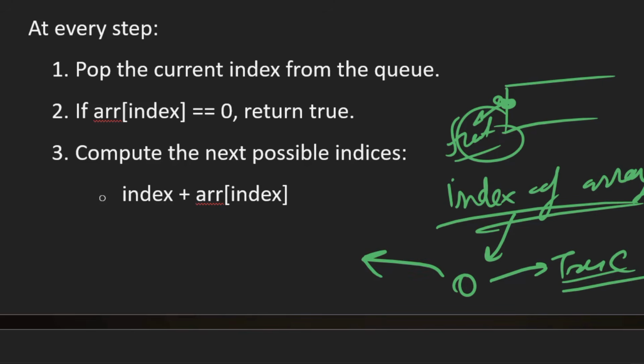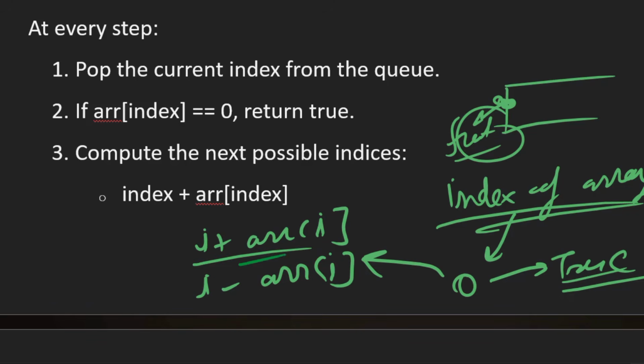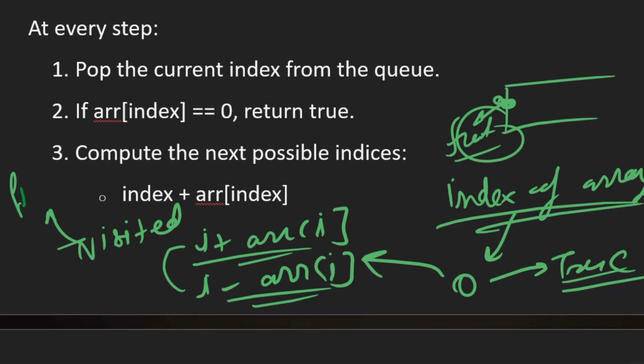Else we take the possible two jumps, that is I plus array of I and I minus array of I. Like, we visit these two nodes. If they are present within the bounds, then we mark these two nodes as visited and push them in the queue, right? So this is the overall flow.